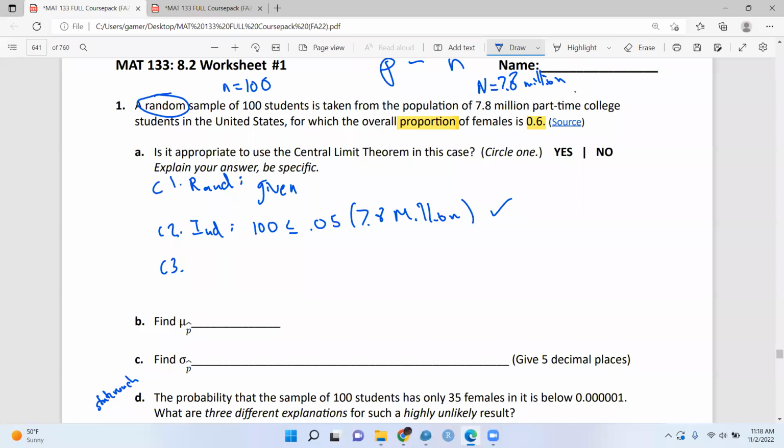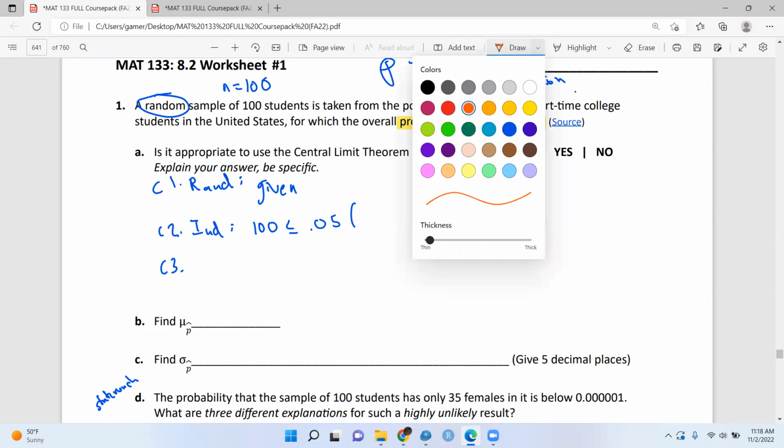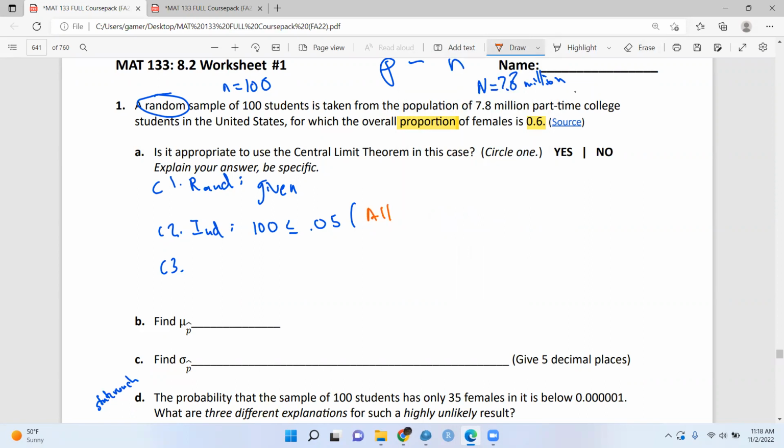I switched the 100 and the 7.8 million. Got you. Usually they don't give us the population size, so we have to guess. What I want you to do if you aren't told the number is to say all part-time students.